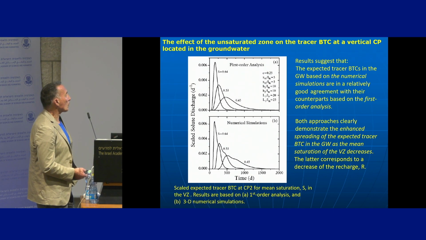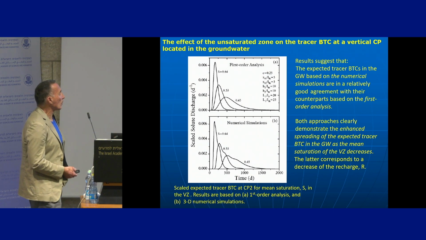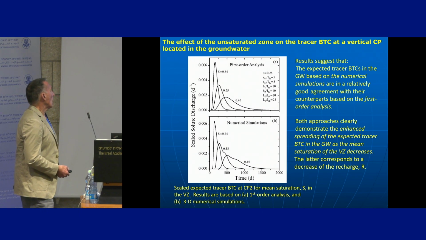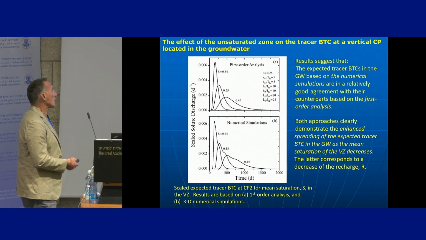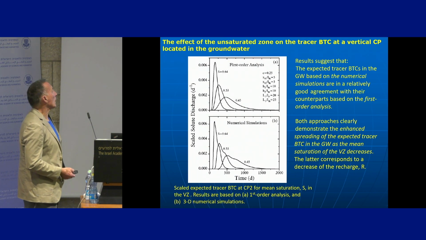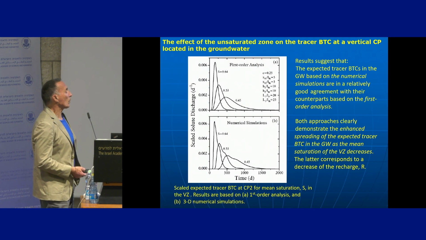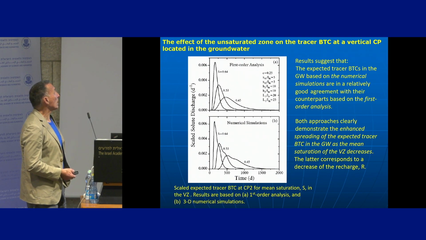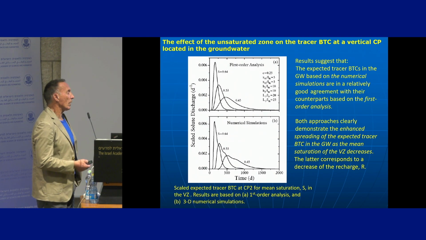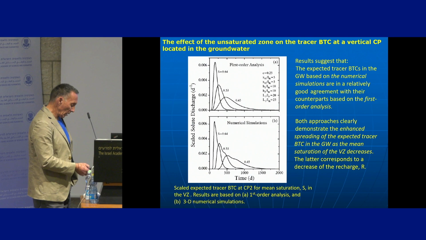The latter corresponds, of course, to a decrease of the recharge on the soil surface. So this is basically, I think, a summary of the indirect application and the contribution of Gedeon to understanding and predicting flow and transport in the vadose zone, and more than that, in a combined vadose zone-groundwater system.